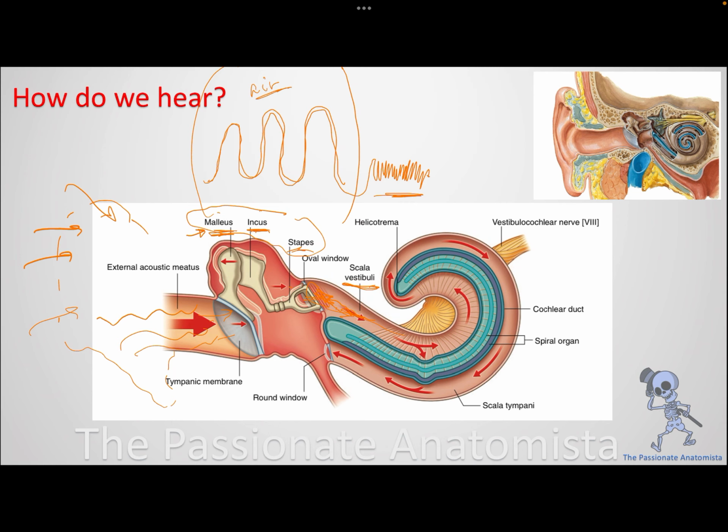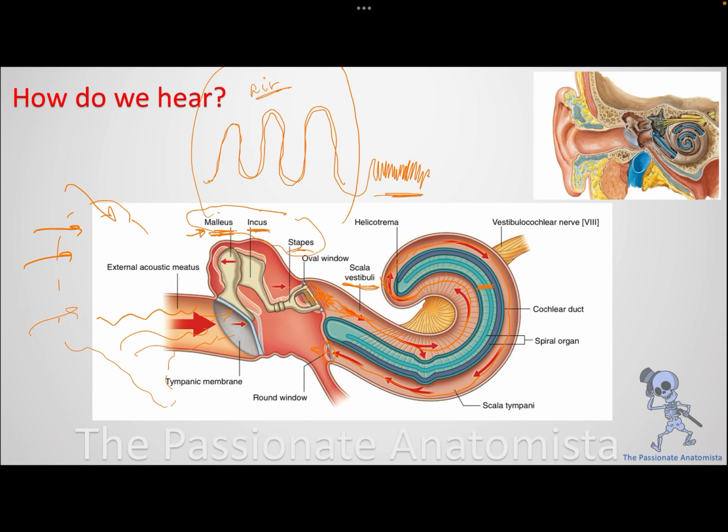Once you get them here, you go all the way through the scala vestibuli above your scala media, and the scala media is what's inside the membranous cochlea. Thanks to the helicotrema, I can redirect this information into the scala tympani and take it all the way to the round window, which is covered by the secondary tympanic membrane.